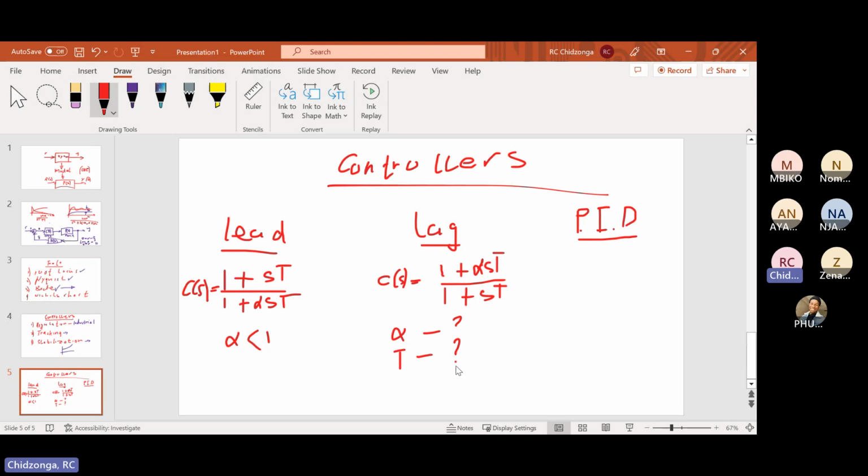Those are the 2 design parameters which we have to determine, subject, of course, to the constraint in both cases that alpha is less than 1. All right? We went through the Bode characteristics. You should know the type of characteristic a lead controller has and the type of characteristics in a lag controller. We discussed those. So let me not continue in terms of reviewing beyond this point.